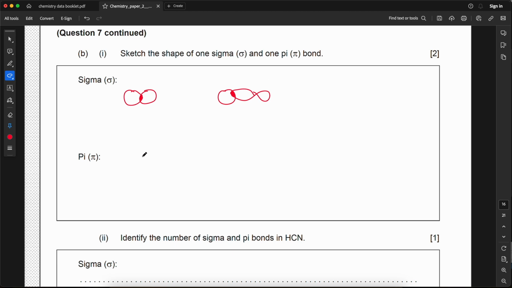And for pi, that would be like this. Okay, side to side overlap. Two orbitals from neighboring atoms overlap perpendicular to the axis of approach.